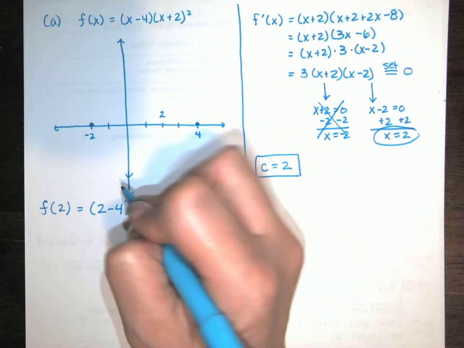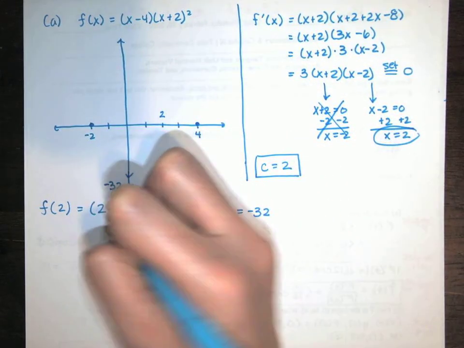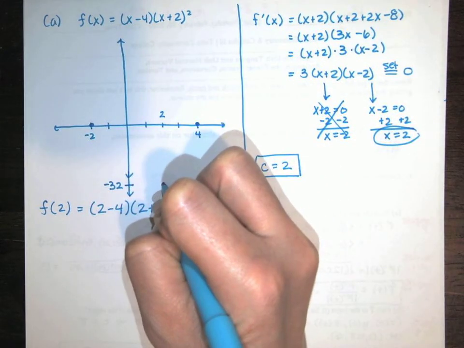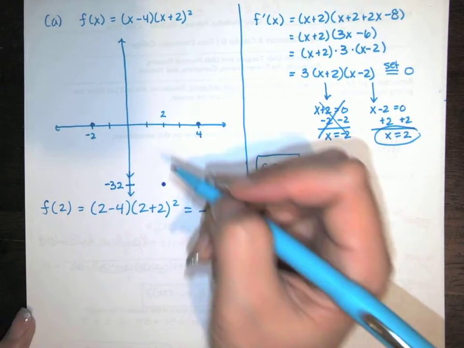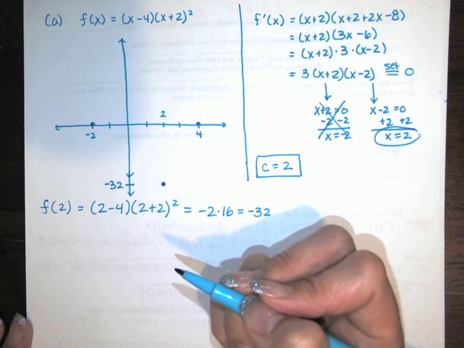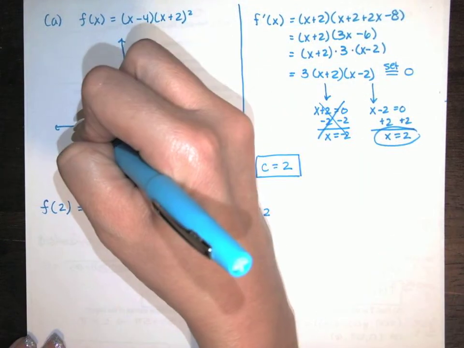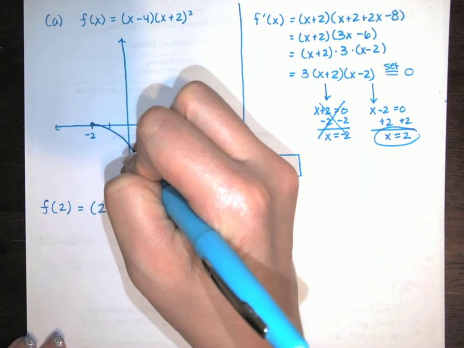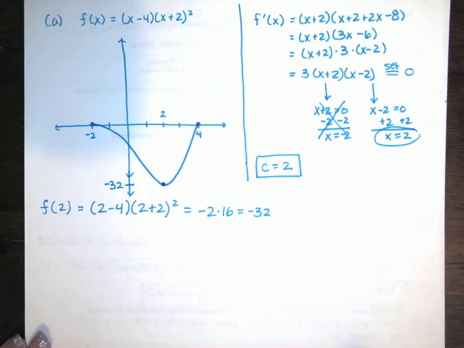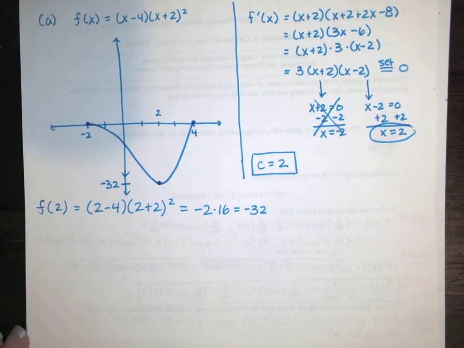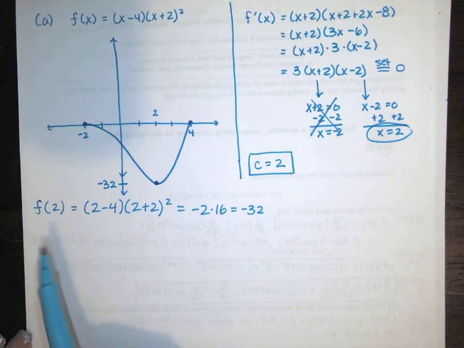Yeah, so not to scale, we'll say that's negative 32. And we get this. We get a 0 slope over here at x equals 2, y equals negative 32. I don't know exactly what my function looks like, but it might look something like this.